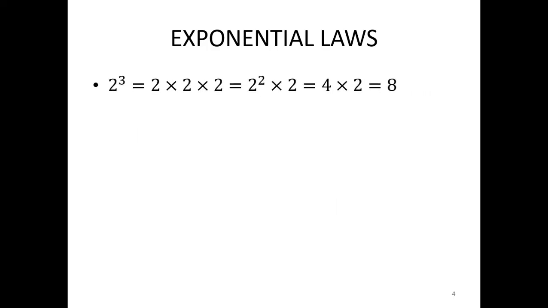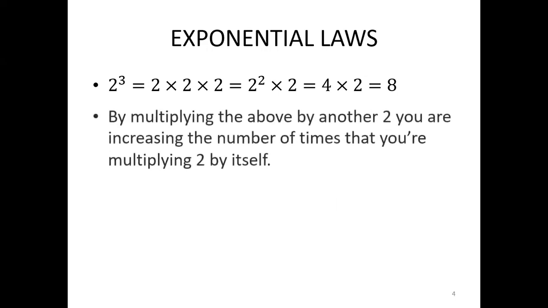Now, if you have 2 cubed, to expand that, you will write it as 2 multiplied by 2 multiplied by 2. That is you multiplying the base by itself 3 times, which in this scenario will give you 8.